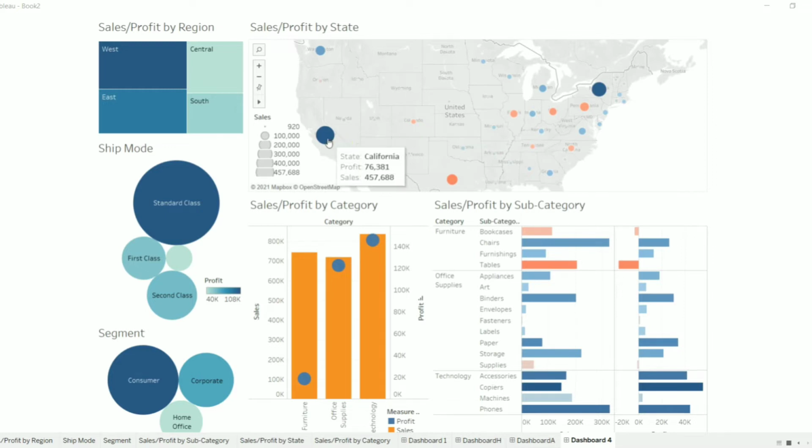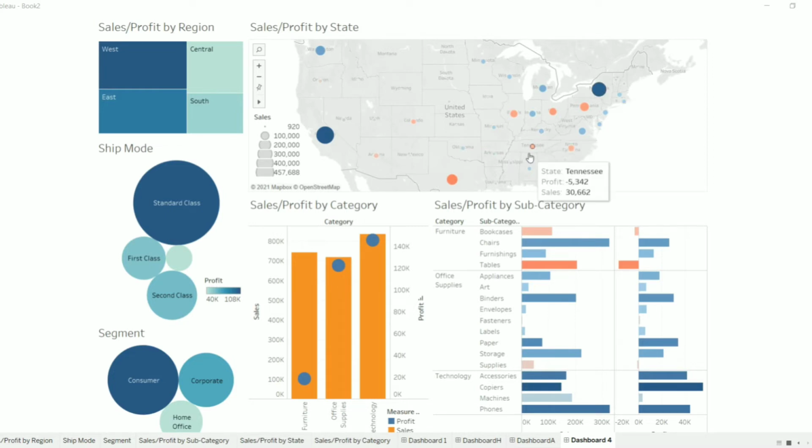Let's consider this circle, which represents the state of California and seems to have the highest amount of sales, that is 457,000, and profit of about 76,000. Now let's go through this circle depicting New York, which has sales of about 310,000 and profit of 74,000.